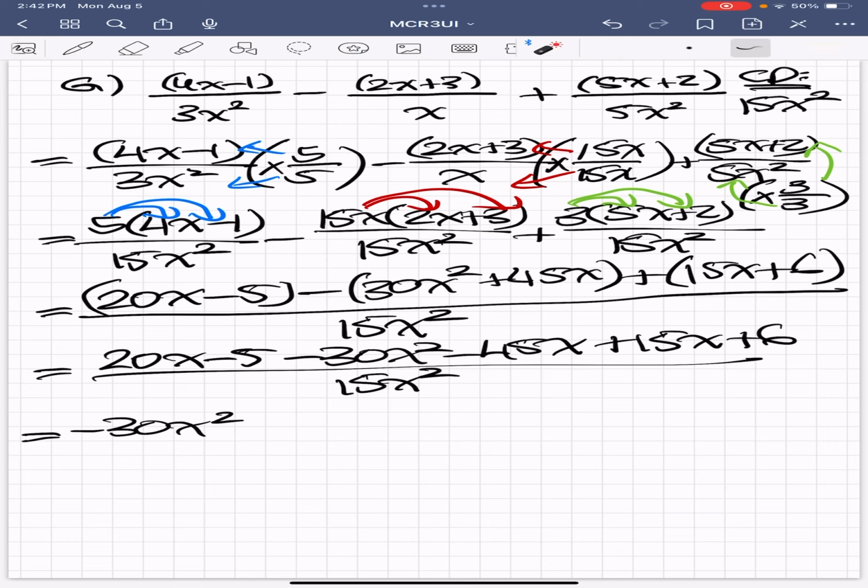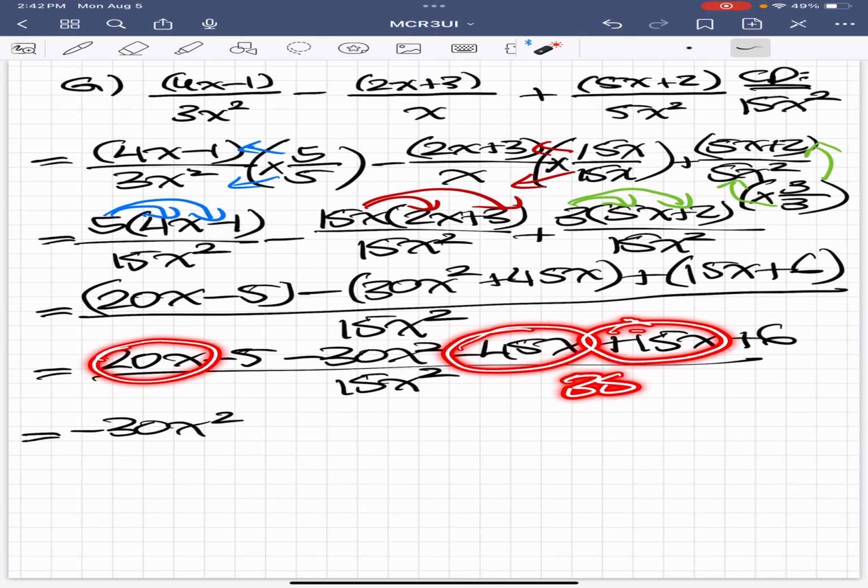So we have that one strike out, 20x minus 45x. So 20x plus 15x would be 35x minus 45x.